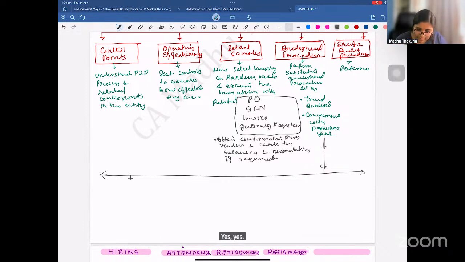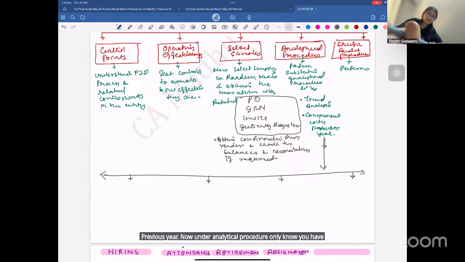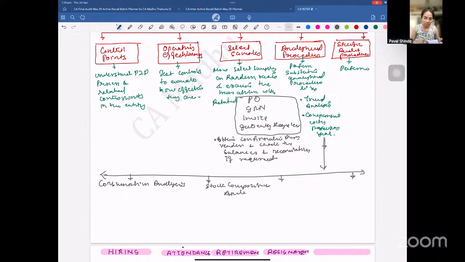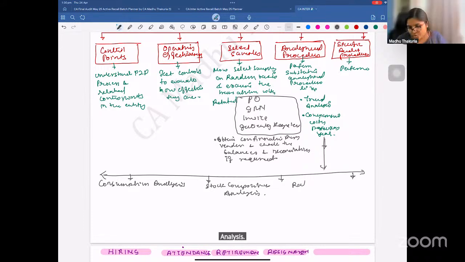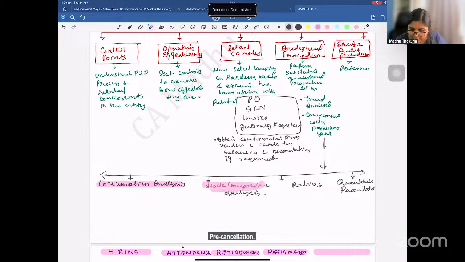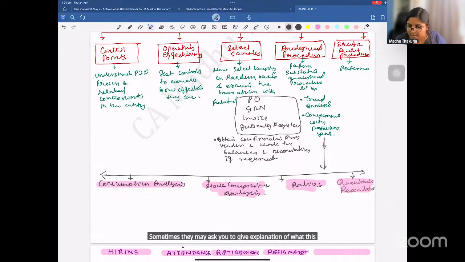Now, under analytical procedure only, you have consumption analysis, stock composition analysis, ratios, and last is quantitative reconciliation. Sometimes they may ask you to give an explanation of what this means.